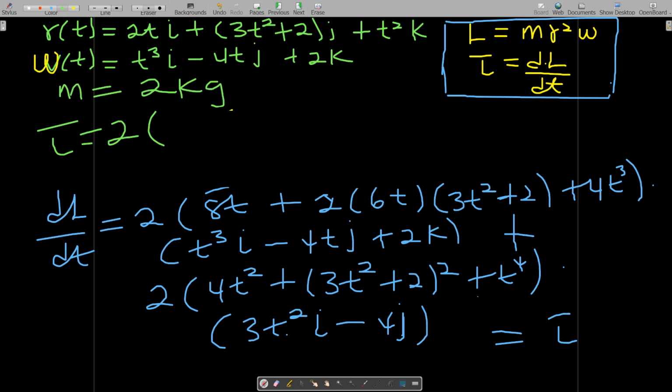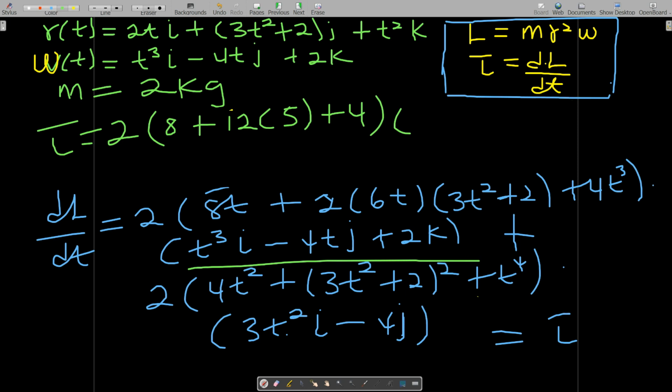So if I put it in the place of 8t, it becomes 8 times 1, so I get 8 plus 2 times 6 times 1, and that will be 12. We have 2 times 6 is 12, into 3 times t squared. 1 squared is 1. So 3 times 1 plus 2, that is 5, okay, plus 4. We have 4t cubed, then times, putting 1 in this side, okay.